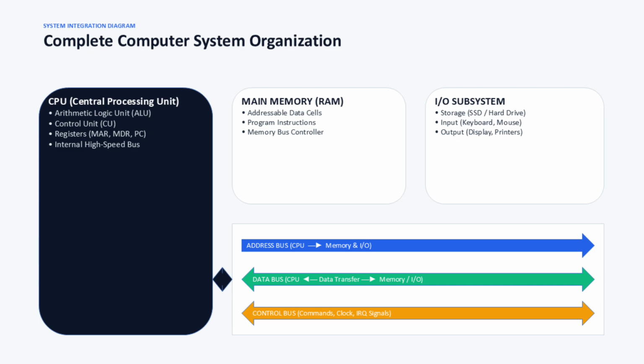Now that we understand how the complete system is organized, let's look at something many beginners find confusing. When we say bus, are we always talking about the same physical bus? Actually, no. There are different levels of buses inside a computer. Let's understand the difference between internal and external buses.